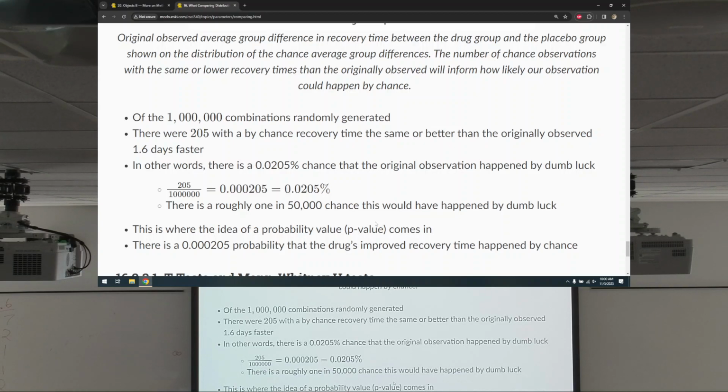This is the p-value. This is what a p-value is. When you do your t-test, when you do your Mann-Whitney U-test, this is what the p-value is telling you: what are the odds that you observe this by chance? There was a 0.0205% chance that this happened by dumb luck. That's what a p-value is.